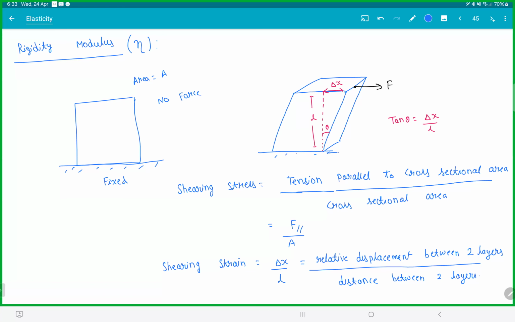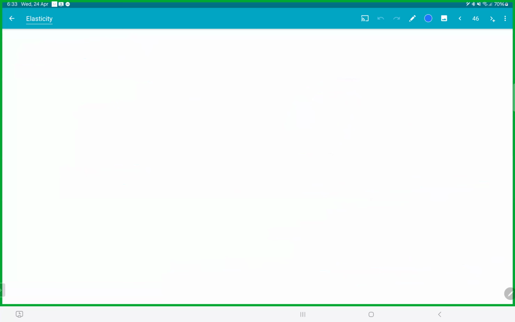So now if you take the ratio of these two, we define something called rigidity modulus. If you see, the symbol kind of looks like viscosity. In the case of fluids, we call it the coefficient of viscosity. For solids, we call it rigidity modulus.